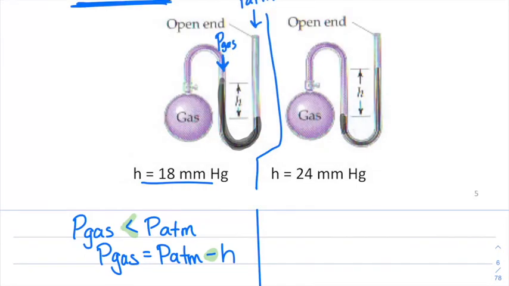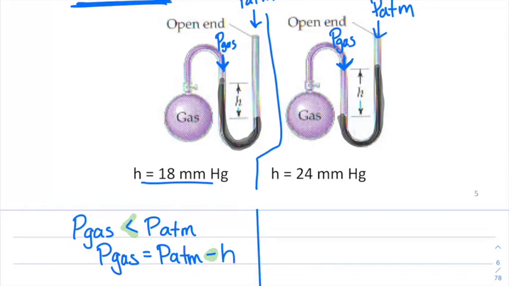So here I'm going to highlight our mercury just so it's a little easier to see. All right, so in this case, we have our pressure from the atmosphere pushing down, and we have the pressure of the gas that's also pushing down. So they're both trying to push the mercury away, but this time the gas is winning.